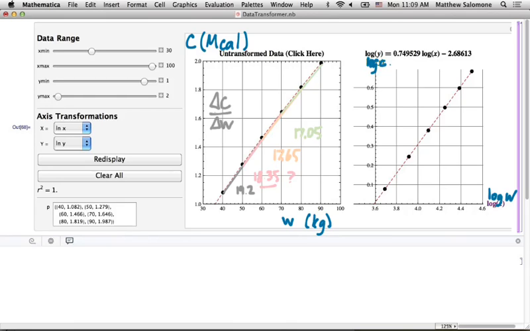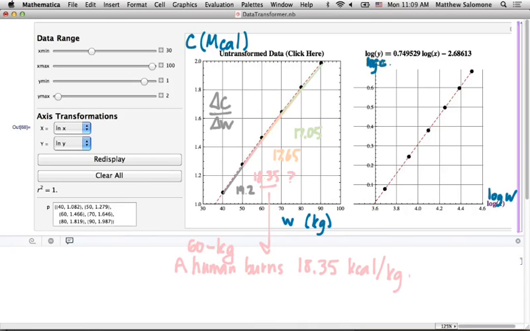Well, we had for our answer that a human would burn 18.35 kilocalories per kilogram when the mass of the human is 60 kilograms. So maybe you write it like this. A 60 kilogram human burns 18.35 kilocalories per kilogram.